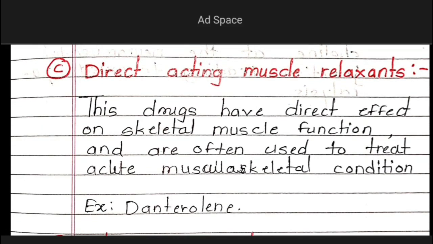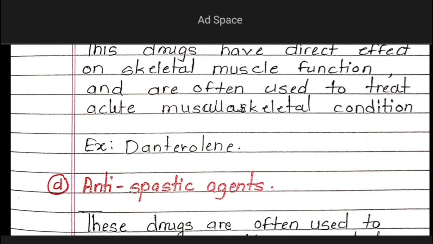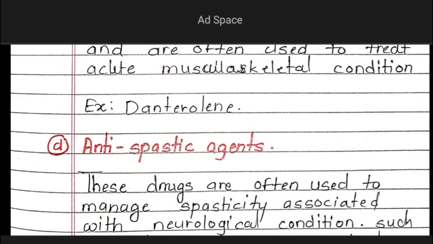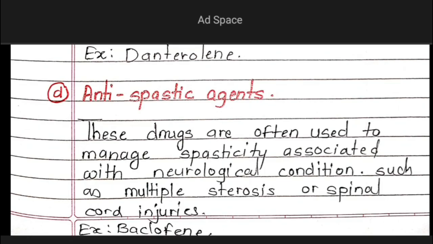Point C. Directly acting muscle relaxants. These drugs have a direct effect on skeletal muscle function and are often used to treat acute musculoskeletal conditions. For example, dantrolene.